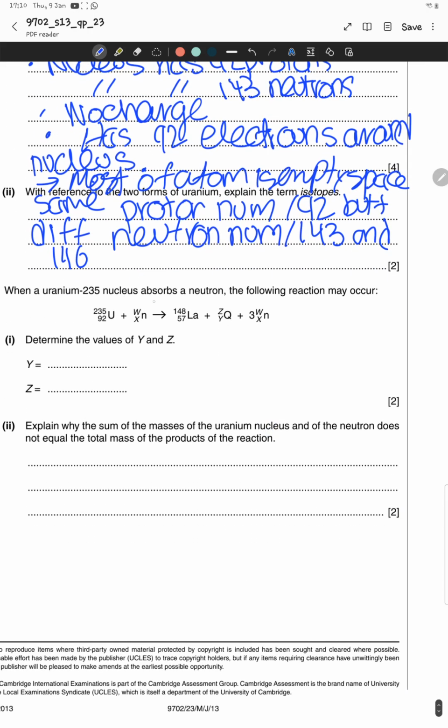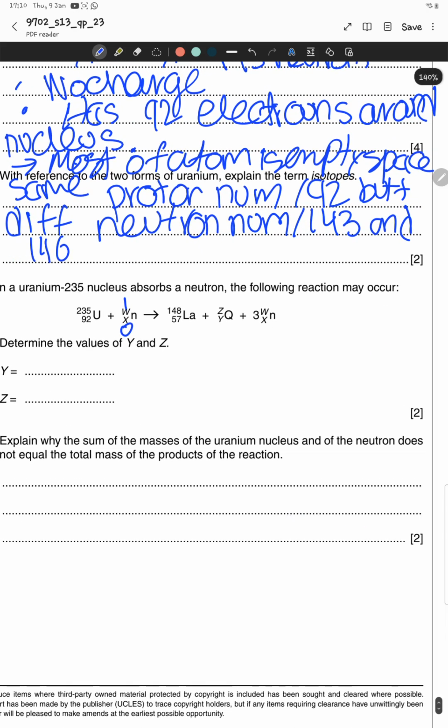Determine the values. The nucleus absorbs a neutron, so this is 1 and this is 0, because a neutron has mass 1 and no charge. Determine the values of Y and Z. Okay, this is interesting. You have to compare the charges, or the proton number and nucleon number, on both sides.